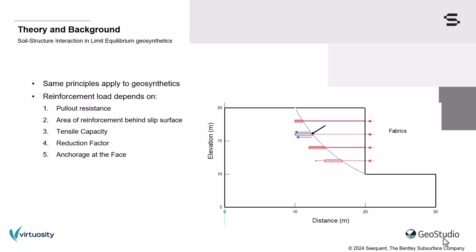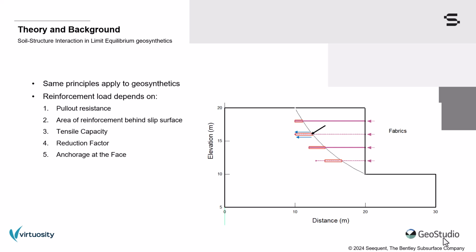The pull-out force or reinforcement load depends on a number of factors, including the pull-out resistance, which characterizes the shear resistance mobilized at the interface of the reinforcement; the area of the reinforcement behind the slip surface, which depends on the length of the reinforcement behind that slip surface; the tensile capacity of the reinforcement; a reduction factor to account for lifespan, temperature, or pH, and more.